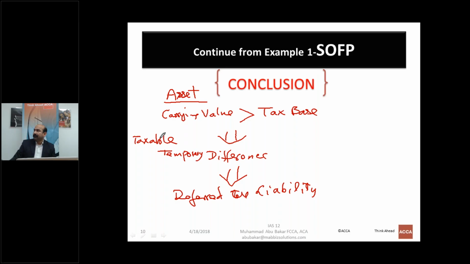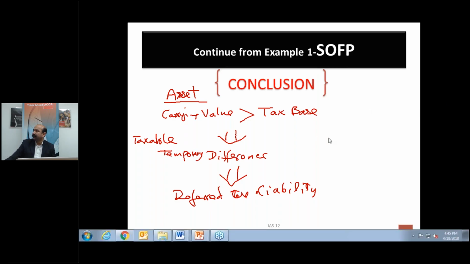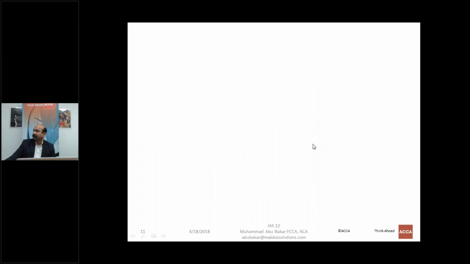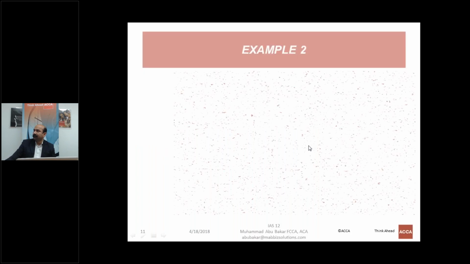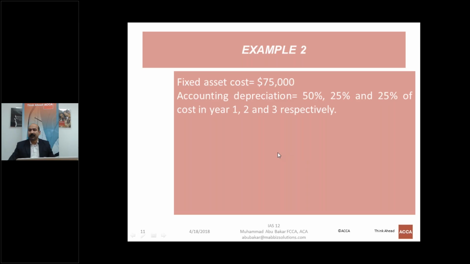Okay, let's look at the same example, but by changing the depreciation rates for the accountant as well as for the tax person. Accounting depreciation now is 50% in year 1, 25% in year 2, and 25% in year 3.